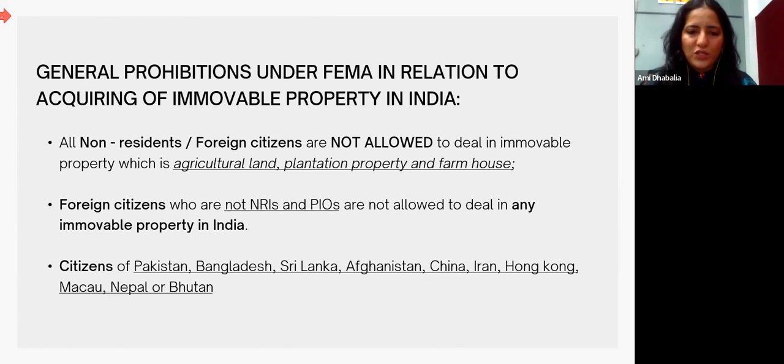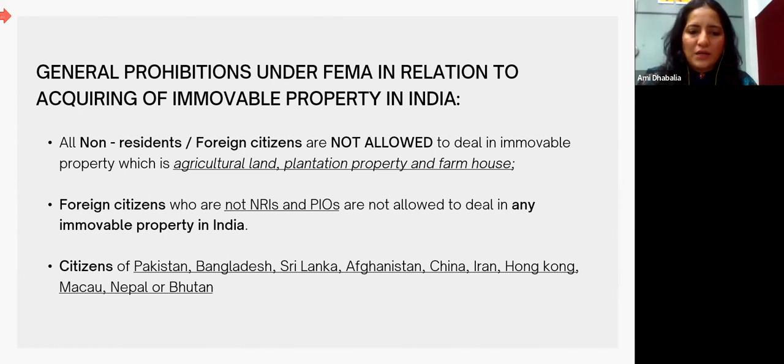So all these things have to be checked. But let's say a German national is living in India and holding an Indian passport. In that case, he is an Indian citizen. He will be able to deal in immovable property in India. So all these points need to be considered.